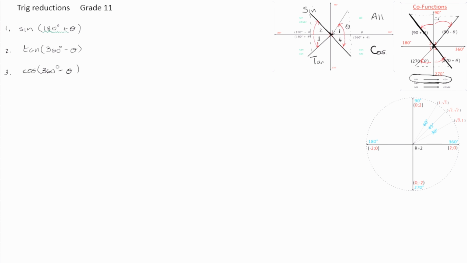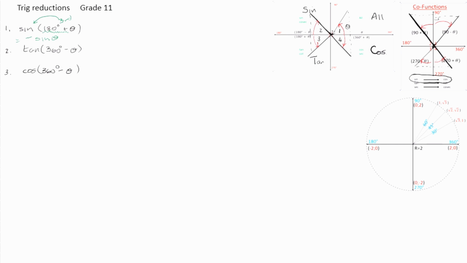180 plus is a third quadrant formula, and in the third quadrant, sine is negative and stays as sine theta.